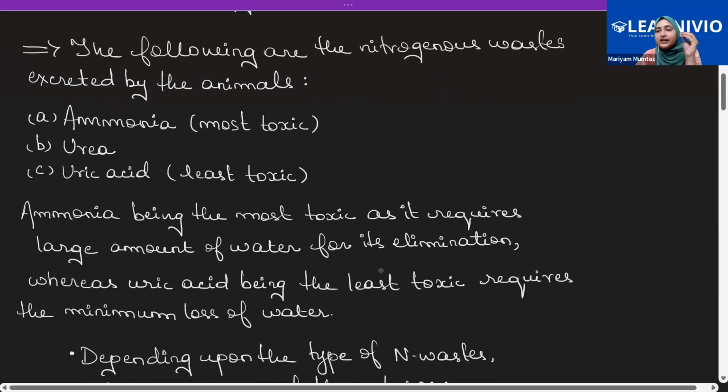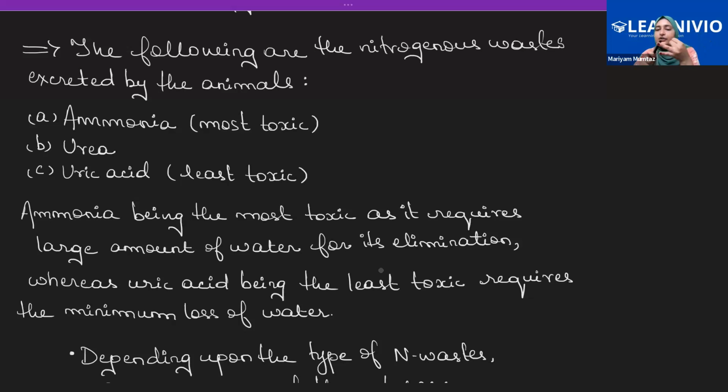The different kinds of nitrogenous waste that are excreted by animals are basically three types: ammonia, urea, and uric acid. Out of them, ammonia is the most toxic nitrogenous waste, whereas uric acid is the least toxic. What do we mean by most toxic, least toxic?